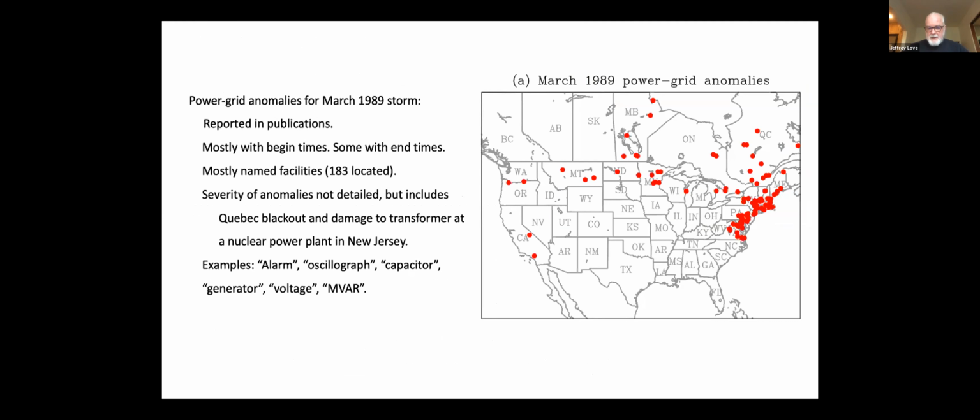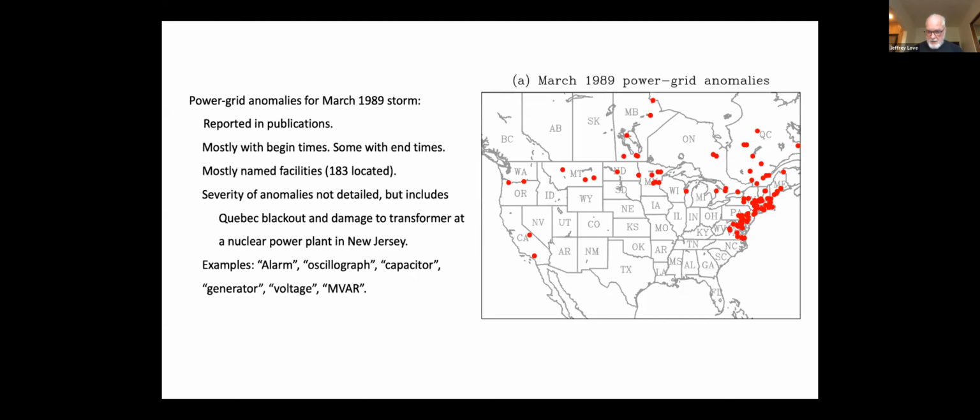A lot for the 1989 storm were in a publication put out by the North American Electric Reliability Corporation, but there are other anomalies too, and I just added those to the data set. I looked up the locations of the identified substations, found their latitude and longitude, and I can put them on a map. I have 183 different anomalies, and there on the right, I'm showing the map of where these anomalies occurred during the March 1989 storm.